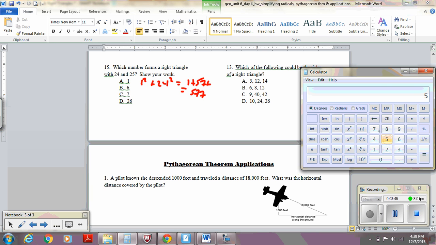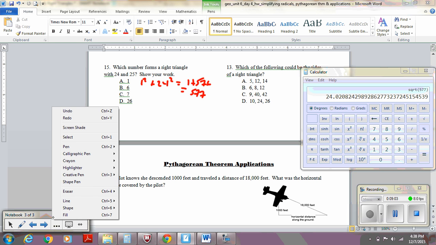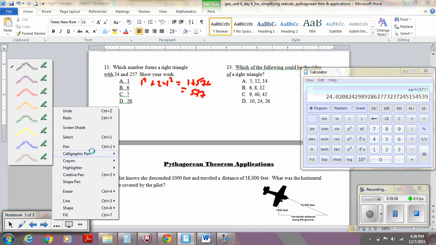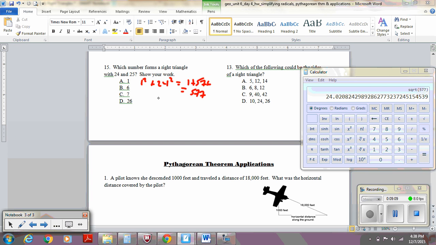And the square root of 577 is not 25. It's close. But at the end of the day, knowing some prior knowledge a little higher than some of yours, I know that the answer is going to be 7. Because again, 7 squared plus 24 squared will equal 49 plus, what did I say it was? 24 squared.